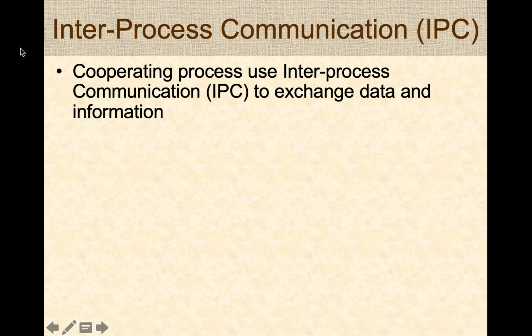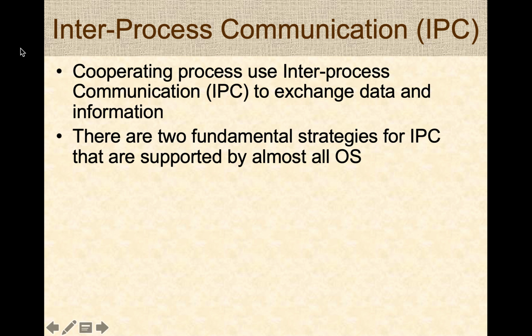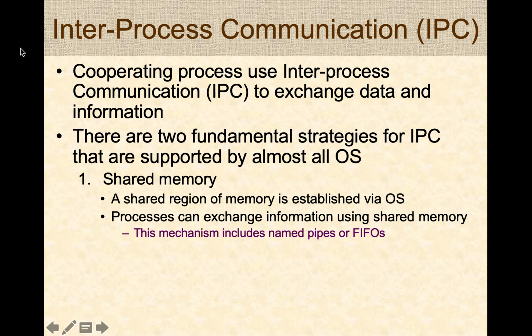Cooperating processes use inter-process communication, that is, communication between two different processes, to exchange data between each other. There are two fundamental strategies for inter-process communication that are supported on almost all modern operating systems. The first one is using shared memory.